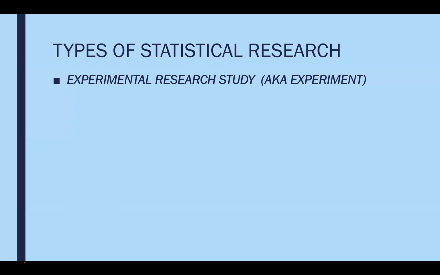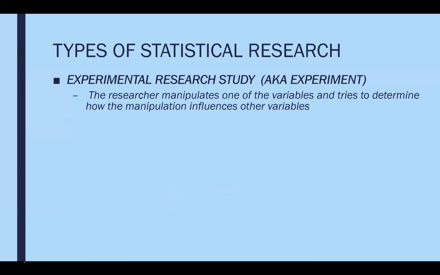With an experimental research study, the researcher manipulates one of the variables, and they typically only do one at a time, and tries to determine how that particular manipulation affects the other variables. Okay, so within an experiment, you're changing one thing so that you can see how it affects the others. There is typically interaction with the subject.